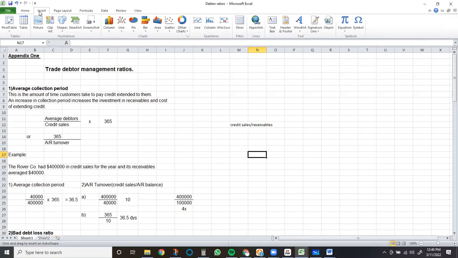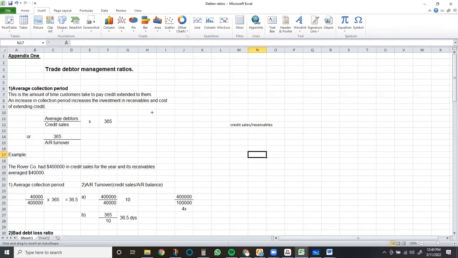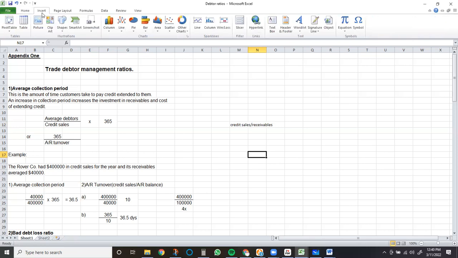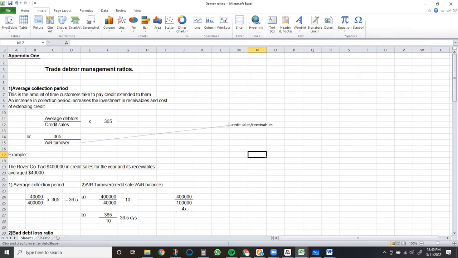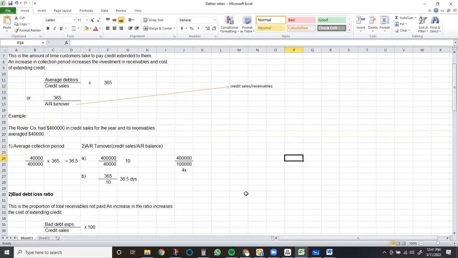A high figure for turnover means that the customers are paying on time, and at any given point in time, there isn't a big balance for customers taking very long to pay.